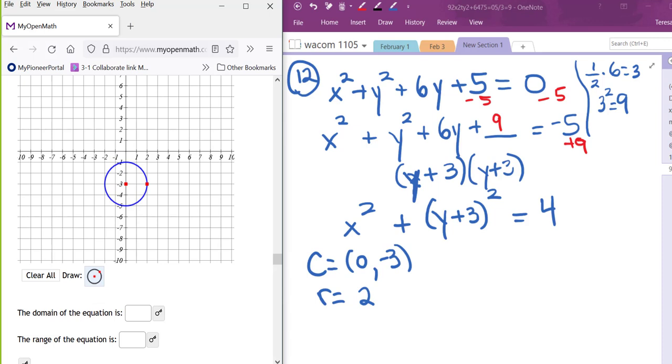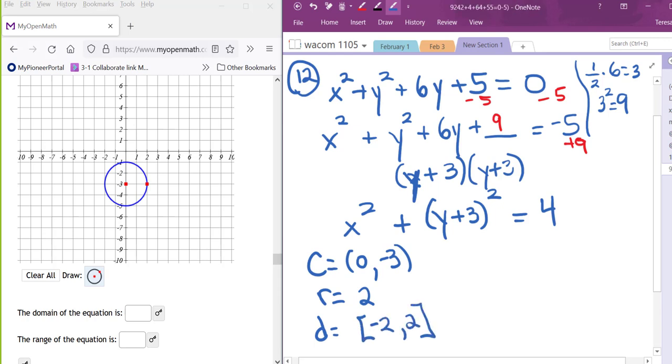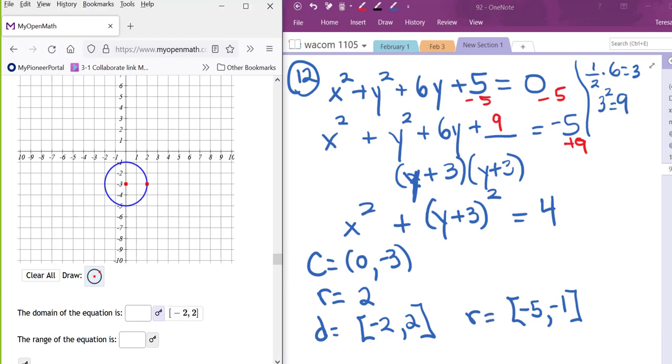So your leftmost point is negative 2, the rightmost point is 2, and you're touching, so negative 2 and 2. Your range, lowest, this is a negative 5 and a negative 1. And you want brackets on both of those. We'll just check. Negative 2 to 2 and negative 5 to negative 1. So we're good there. Any questions here?